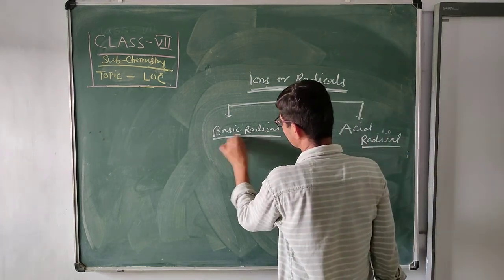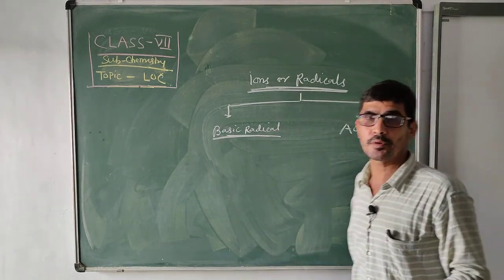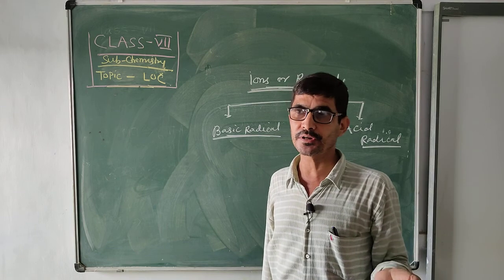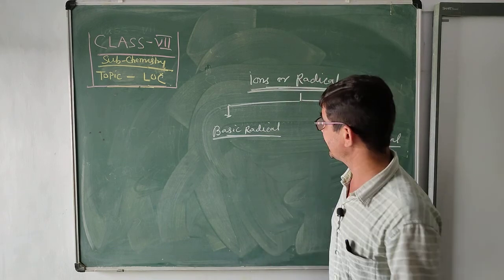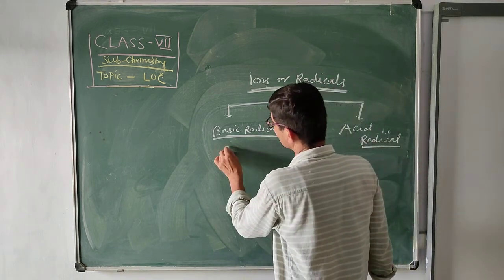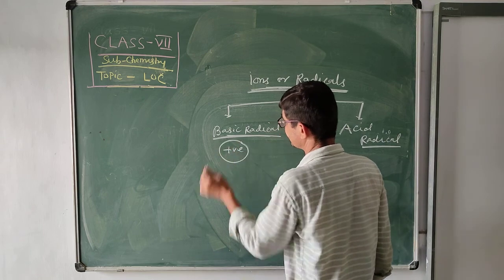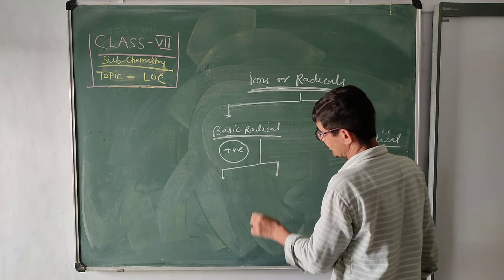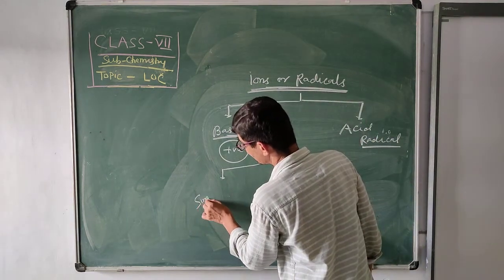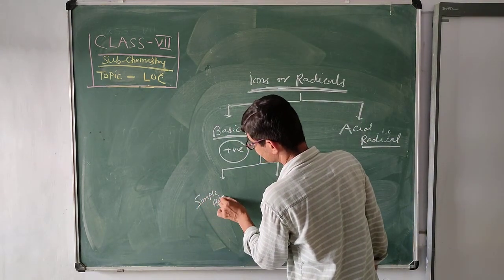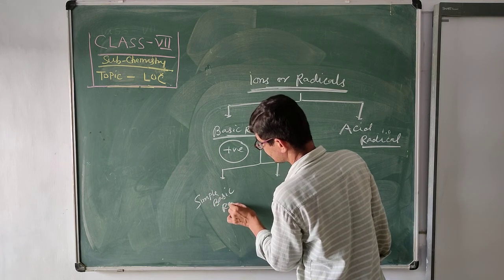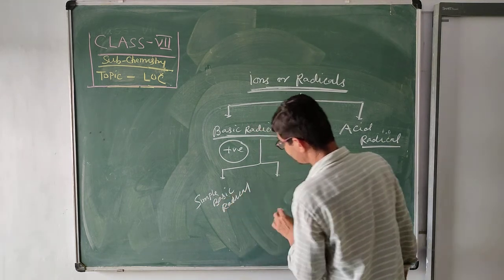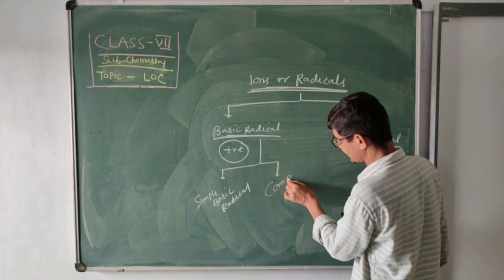In case of basic radical, atom or group of atoms having positive charge is called basic radical. Basic radicals are of two types: one is called simple basic radical, another is called compound basic radical.